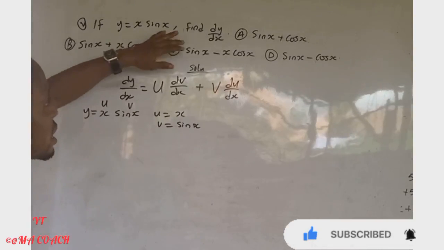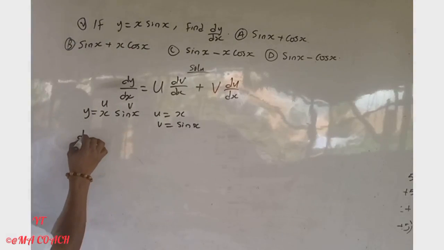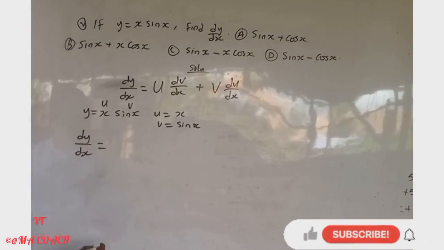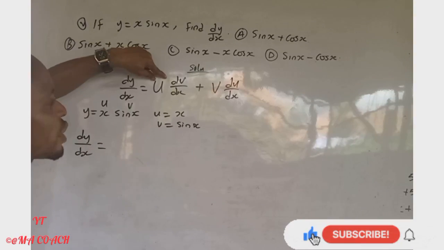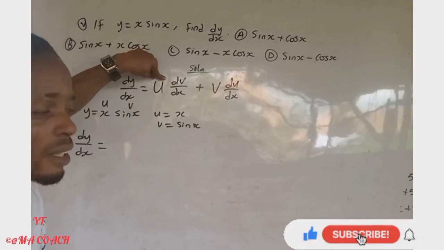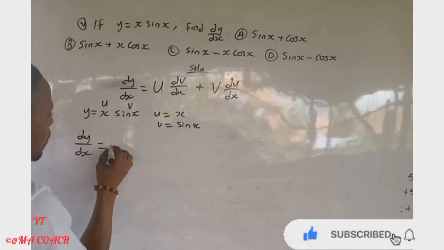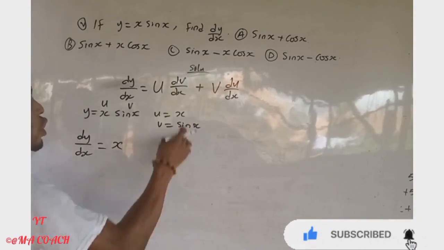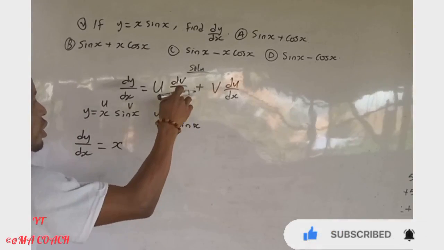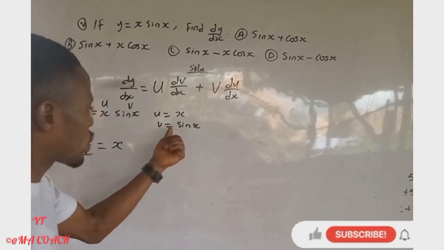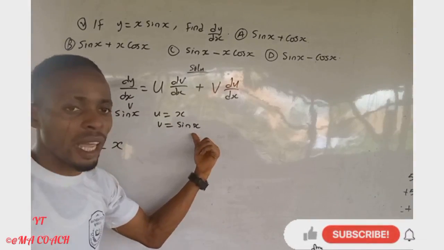Now to get our dy ds, we have it as this. You write u, meaning you leave u constant. Our u is equal to s, so we have s. Now let's differentiate dv ds with respect to s.